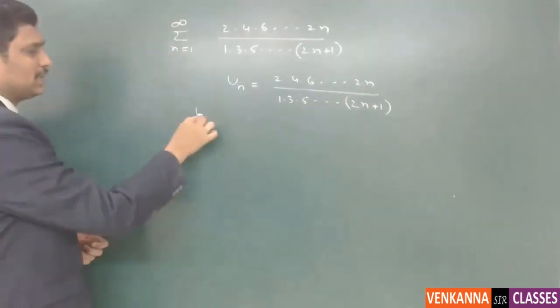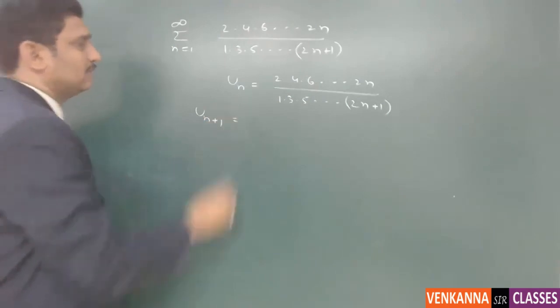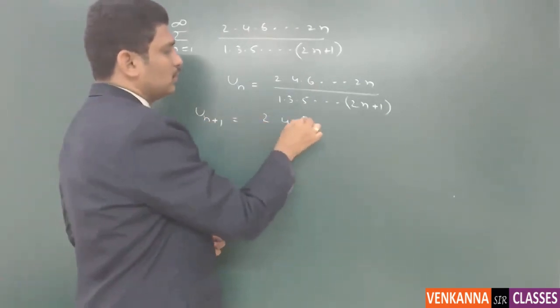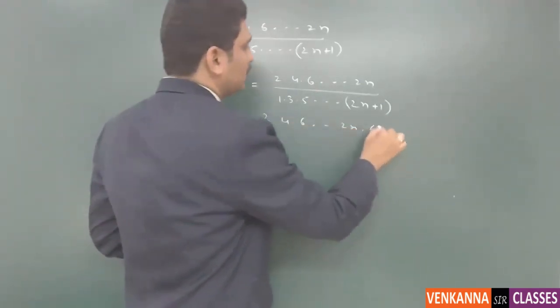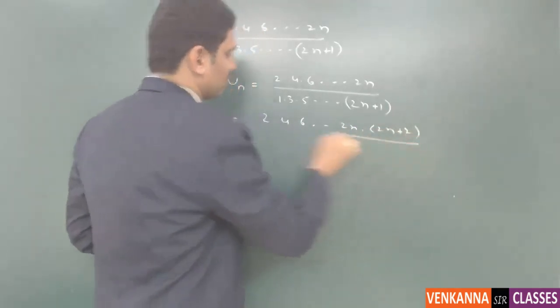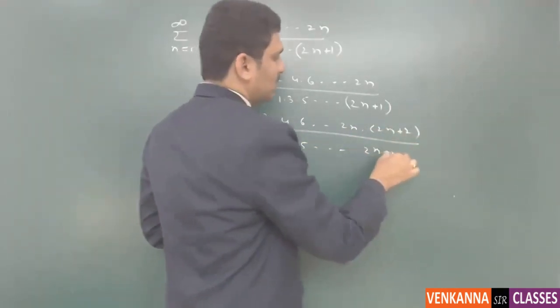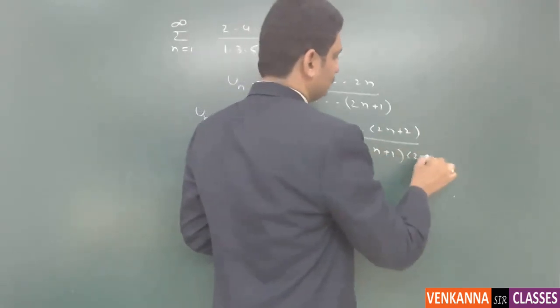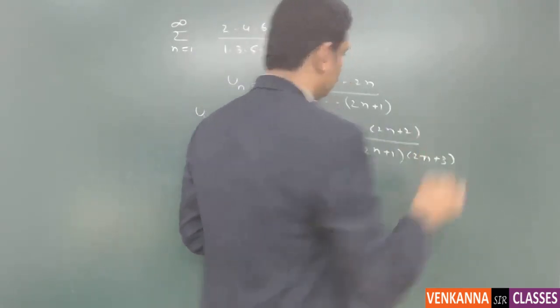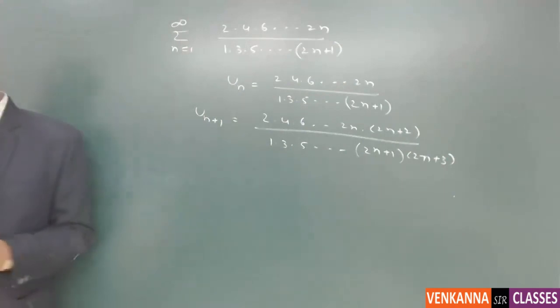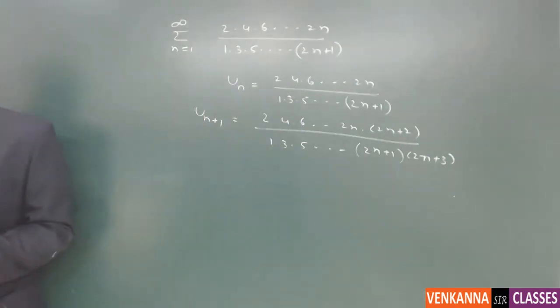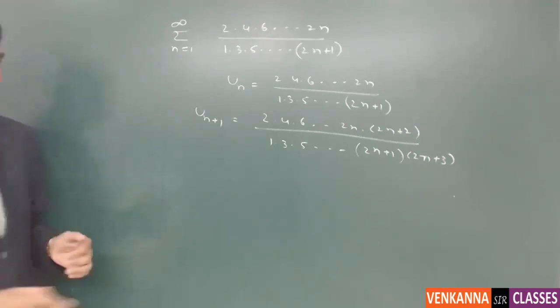So if you calculate un plus 1, it is equal to 2, 4, 6 so on to n into 2n plus 2 by 1, 3, 5 so on to n plus 1 into 2n plus 3. Agreed? Right. Now let us calculate the ratio here.